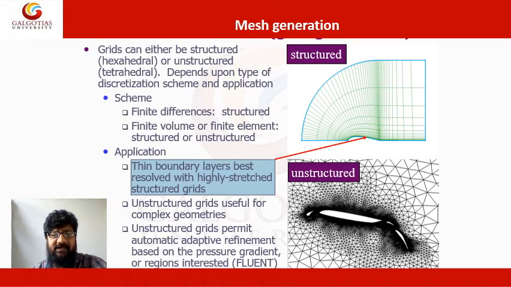Unstructured grids are often useful for complex geometry because they can accommodate the complexity of the geometry. Unstructured grids also permit automatic adaptive refinement based on the pressure gradient or the region of interest. So while solving the fluid flow, we can automatically refine the regions where the solution gradients are very high.